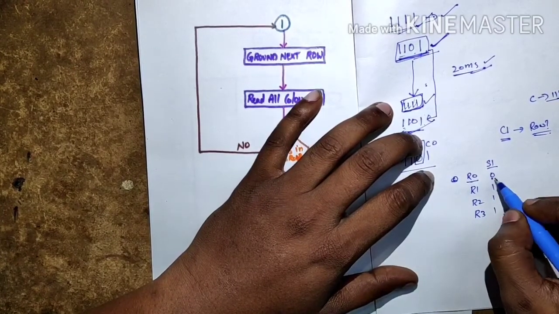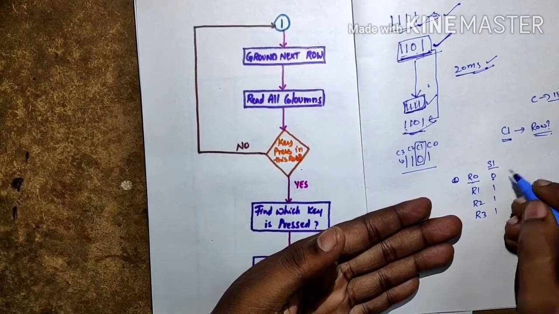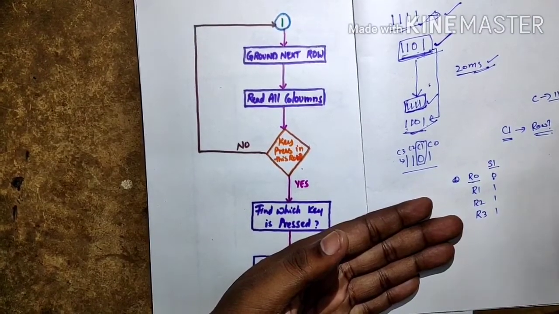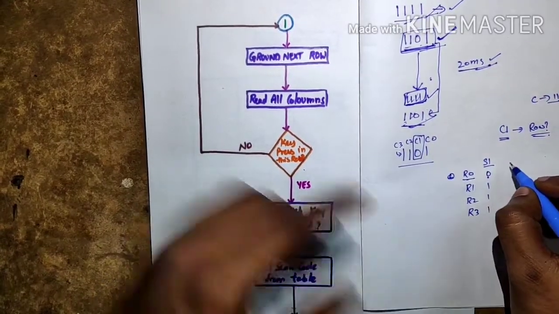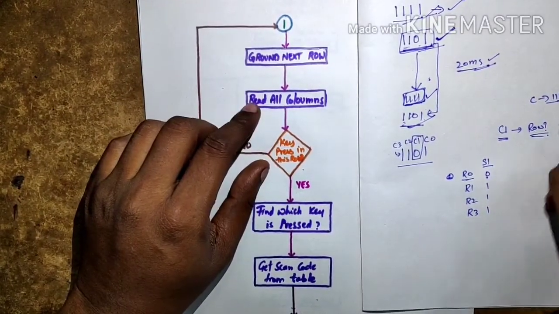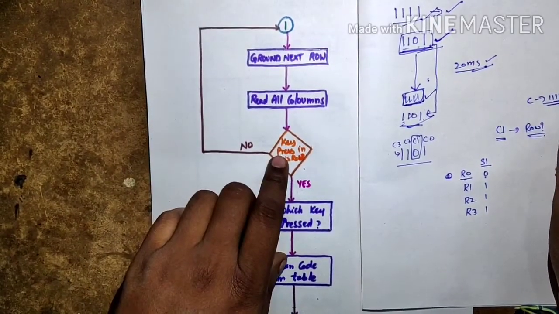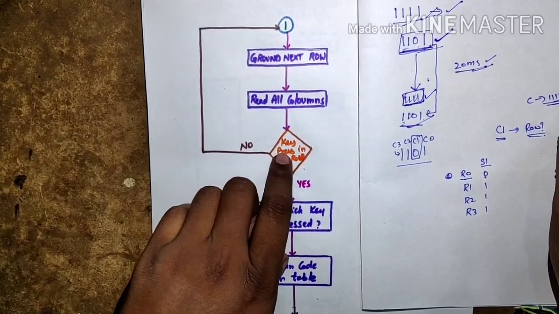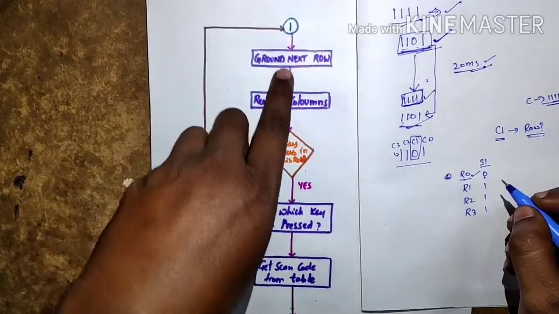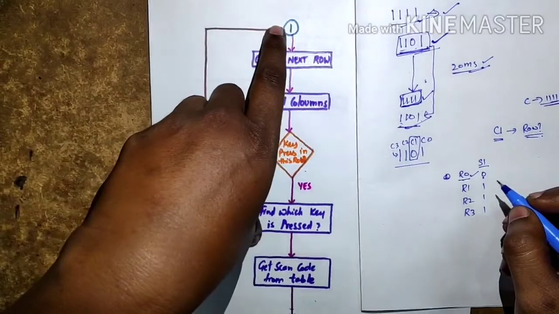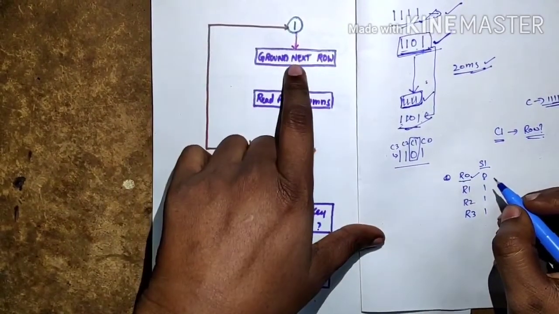If that particular key doesn't belong to row 0, there will be no change in our column. So it will read all the columns, and if there is no change, that means this key doesn't belong to row 0, so it goes to the next step.